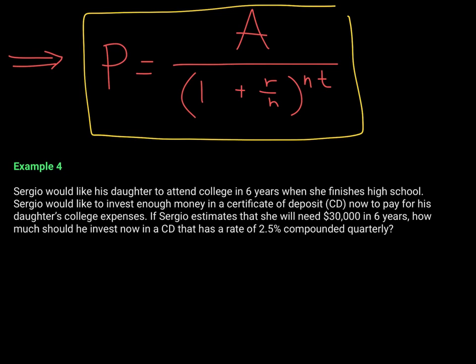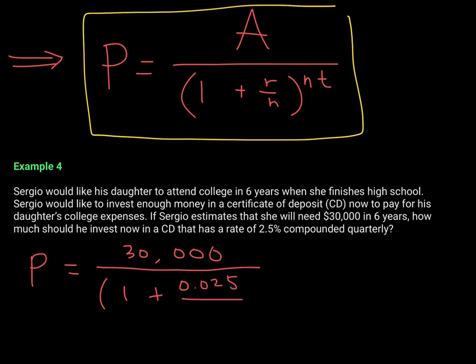Okay, the formula is still on the screen. So P is equal to, A stands for the total amount that she's going to need for college. So 30,000 goes in for A, divided by 1 plus, now the rate is 2.5%, which is 0.025, divided by n.